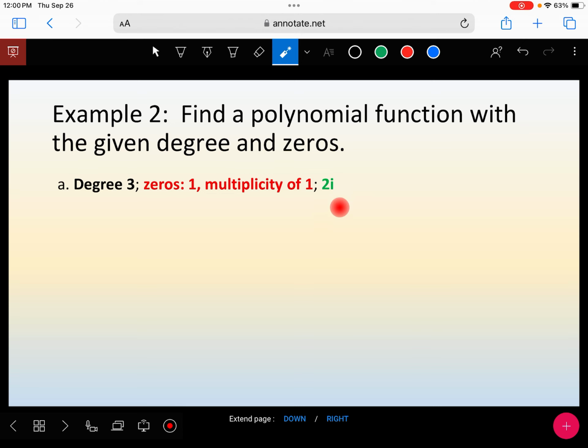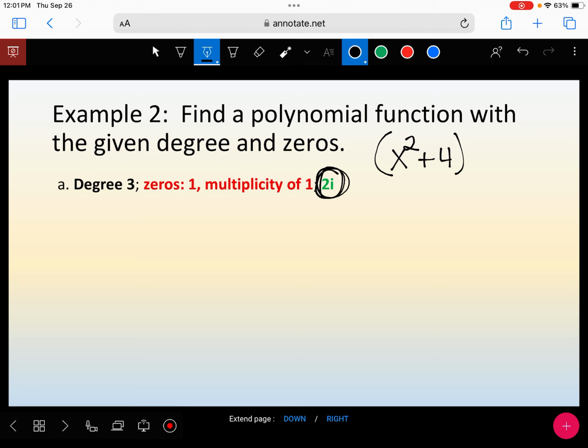Square root, kind of. Okay, so let's write this off to the side because it's a very simple pattern. If you have 2i, that means the factor would be x squared plus 4. That's the factor that's going to give you 2i.